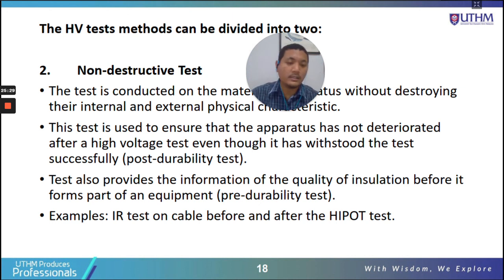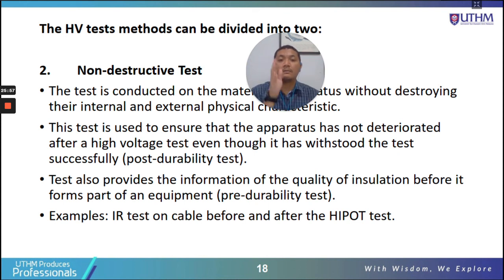Pass or fail test. But it is also common in the industry that we perform IR test, which is non-destructive test, on the cable before and after the high-pot test. So IR test, high-pot test, and then IR test again. Okay, non-destructive, destructive, and non-destructive.